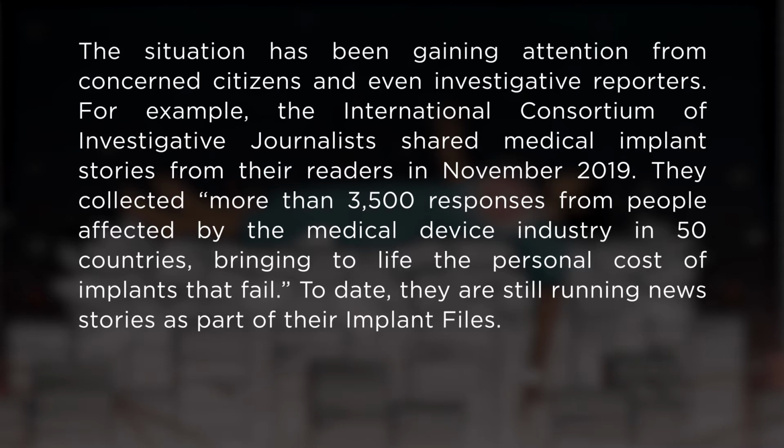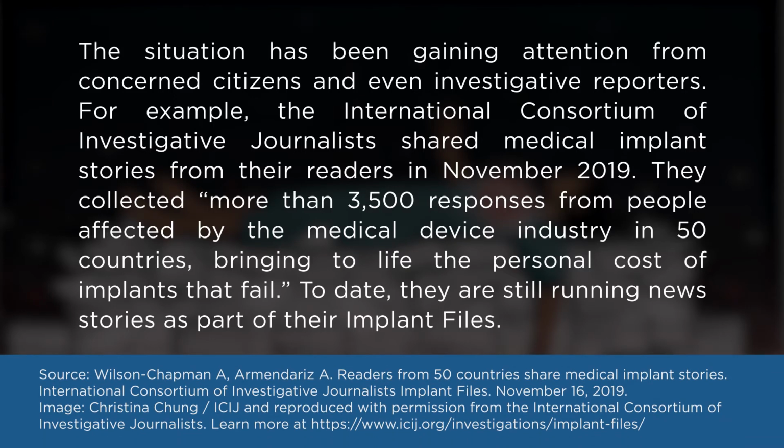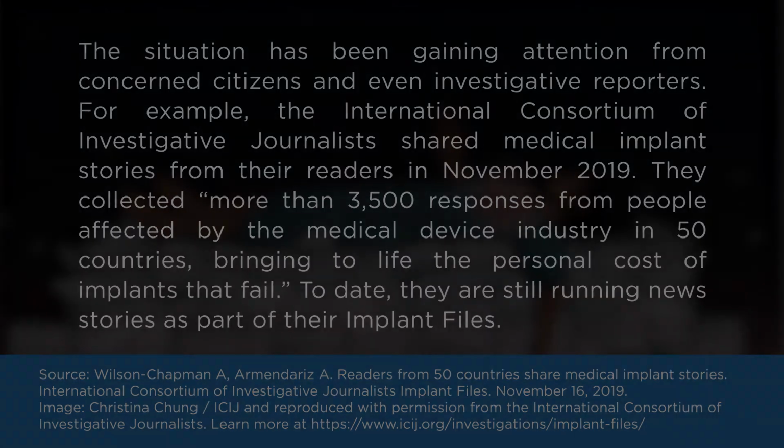To date, they are still running news stories as part of their implant files. Source for this is Wilson Chapman A. et al., International Consortium of Investigative Journalists Implant Files, November 2019. The image is of Christina Chung, ICIJ, and reproduced with permission from the International Consortium of Investigative Journalists.